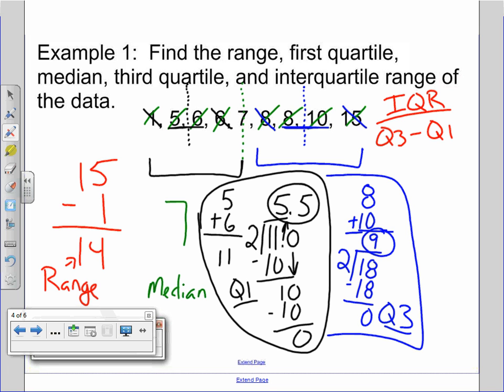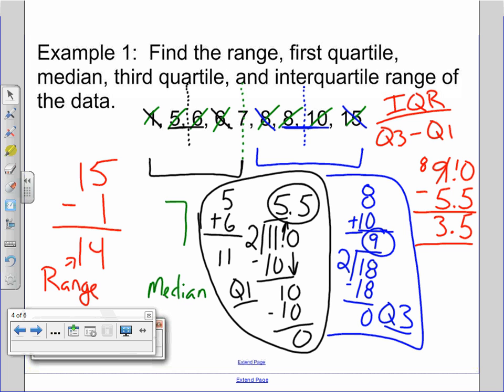So in this case, we're going to take Q3 of 9, and we're going to subtract 5 and 5/10. In order to do that, I need to fill in my place value with the decimal of 0. I'm going to have to borrow. 10 minus 5 is 5, 8 minus 5 is 3, bring my decimal straight down. So therefore, my IQR is 3 and 5/10.